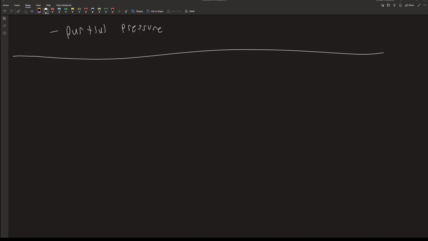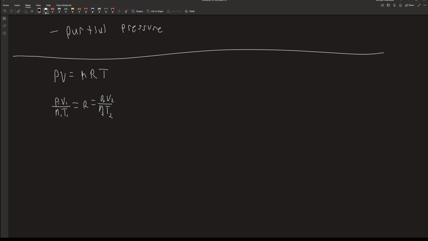We will probably need PV equals nRT. You'll probably need PV divided by RT, and R equals PV divided by T, so P1V1/T1 equals P2V2/T2.